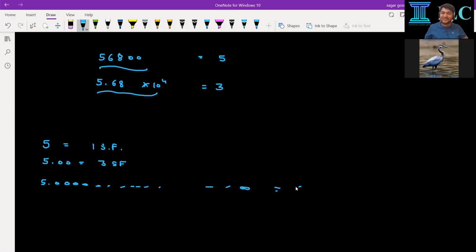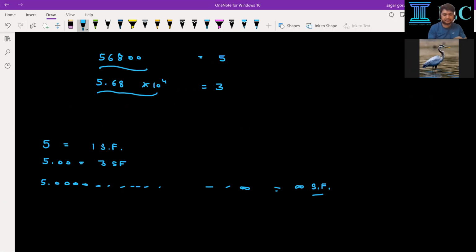Then obviously infinite significant figures, because we have to follow the rules: zero after the point is significant. If any exact number is present and we can add an infinite number of zeros after the decimal point, then it contains an infinite number of significant figures. Whatever zeros you have after the point, you have to consider in the significant figures.